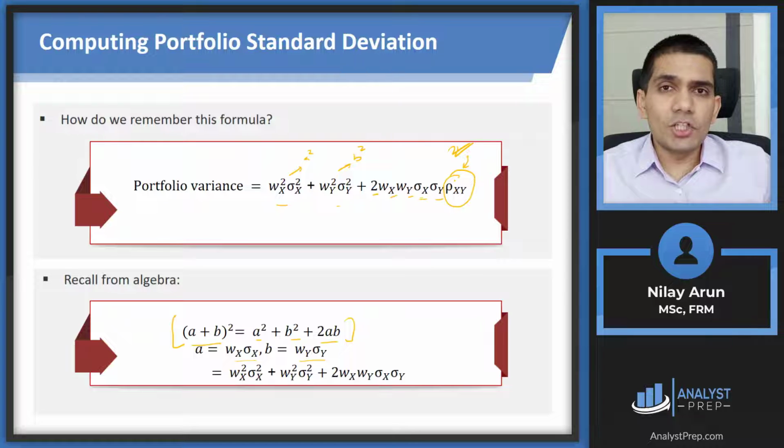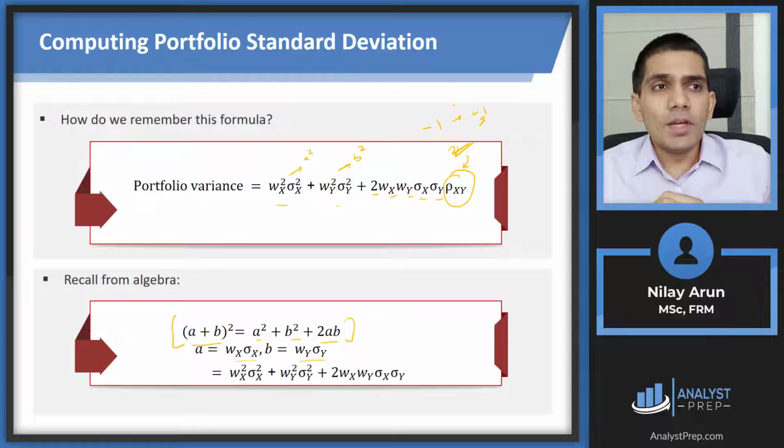Now, why does this correlation really matter? Now we know the correlation is going to range from -1 to +1. It can't really go beyond any of these numbers. It's range bound between -1 to +1. The higher this correlation is, let's say if we move towards +1, the greater the portfolio variance will be, because we have a plus here. So the more the correlation is, the more this number is.